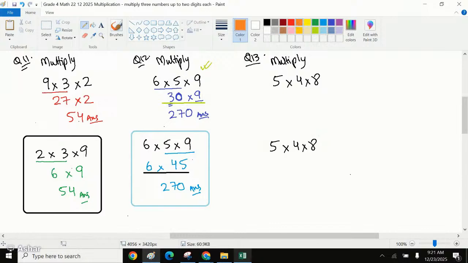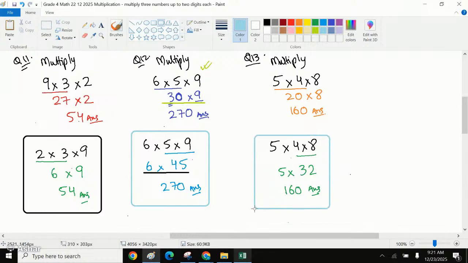So can we say that 5 multiplied by 4 is 20? Multiplied by 8, 2 multiplied by 8 was 16, and we put the 0 as it is because there was a single 0. Or if we say 4 multiplied by 8 is 32, multiplied by 5, it still stays as 160. But the easier way to do this question was the first method that we did, because we had a 0 there. So I would still recommend the first method to solve this. Okay.